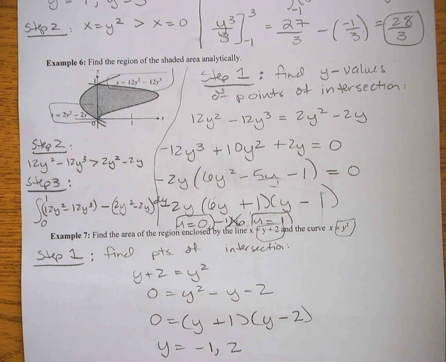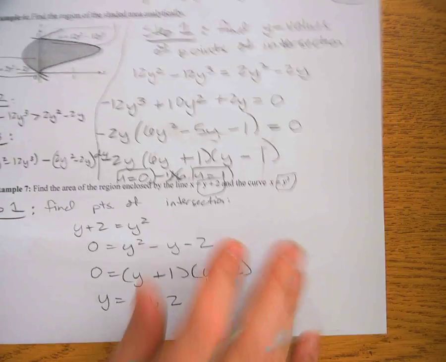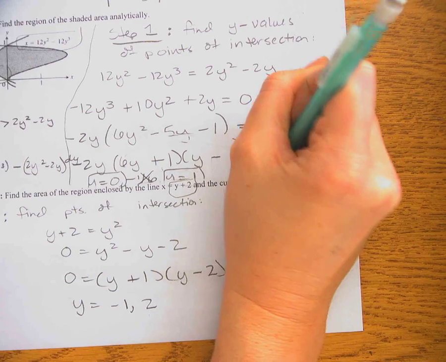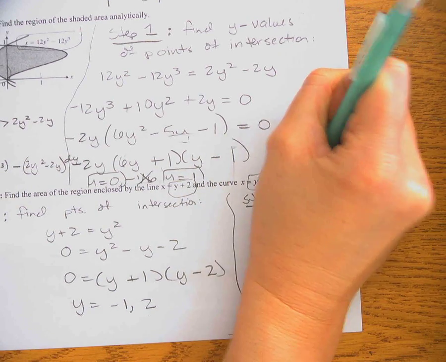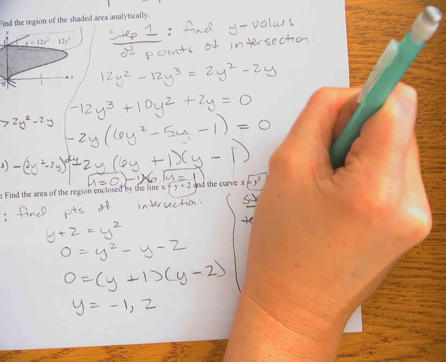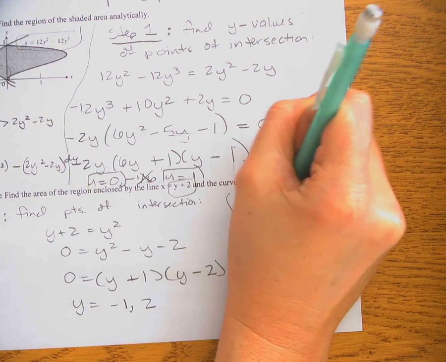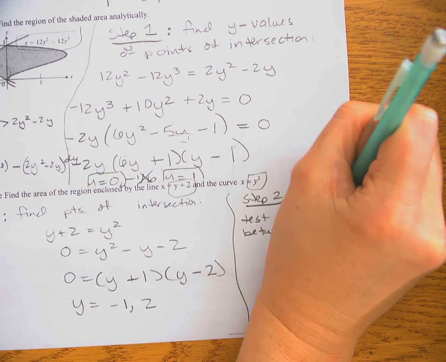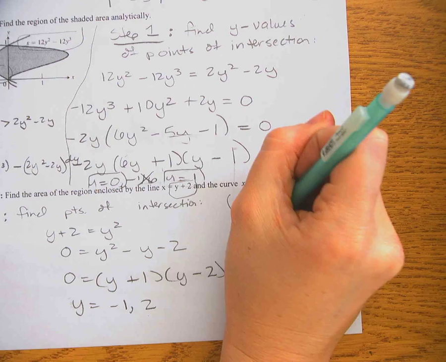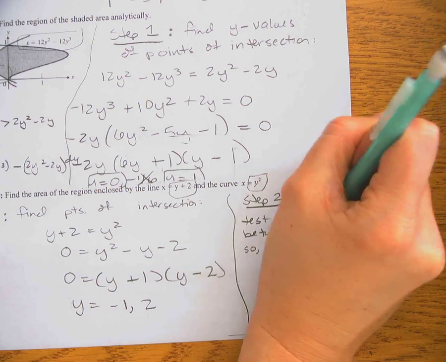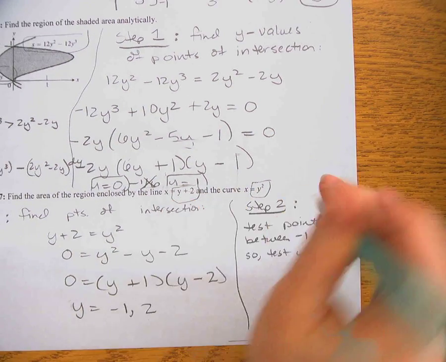Man, okay, we're going to have to go on the back again. Or I can maybe fit that over here. So step 2, we're going to test a point between negative 1 and 2. So 0 is an easy one. So test 0, y equals 0. So I'll plug 0 in there.